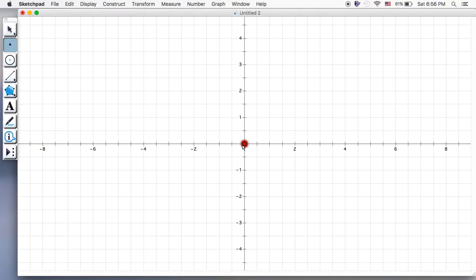So how do we represent that in the graph? So this looks like the ordinary coordinate plane that you have seen since 7th grade. We have the x-axis as a horizontal axis, and we have the vertical axis as the y-axis. But in a complex plane, instead of calling it the x-axis, the horizontal axis, we call it the real axis. And we call the vertical axis the imaginary axis.